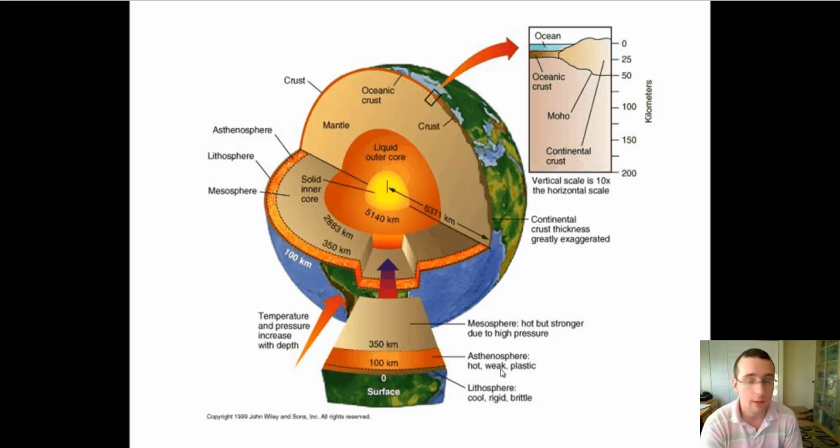We also study the compositional layers by understanding what the seismic waves are doing and how fast they're changing, and therefore determining the density of those layers and what kind of materials they're probably made of. This was then subsequently confirmed by studies of volcanic activity bringing rocks from the bottom, where we can study the composition and confirm that they were where we expected them to be.